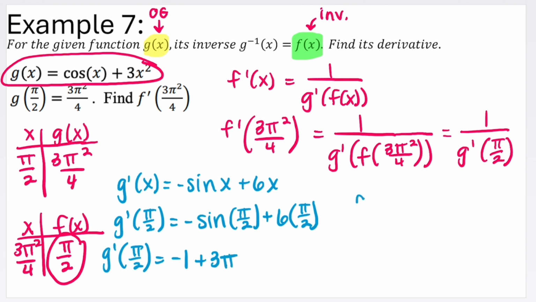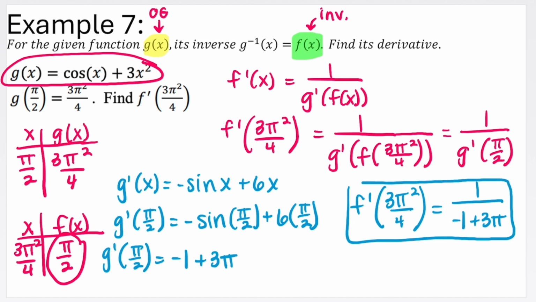So then f prime of 3 pi squared over 2, or not 2, 4, is going to be 1 over negative 1 plus 3 pi. Okay, because I go back and I put this down here, and then I get that final answer.